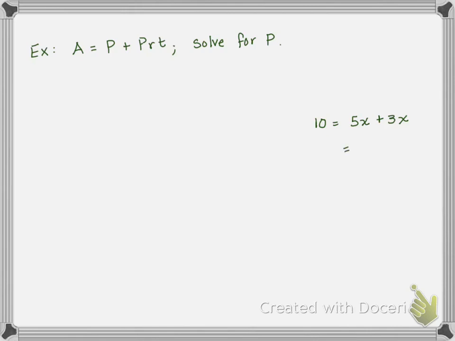You're saying that if I undistribute an x, I end up with 5 plus 3 times that common factor of x. And that's how we get the 8x. We don't actually do it that way, but that's why it works to just add the 5 and the 3. So we can do the same thing up here. We can factor out a P, because then we'll just have a single factor of P, just like over here we ended up with a single factor of x.